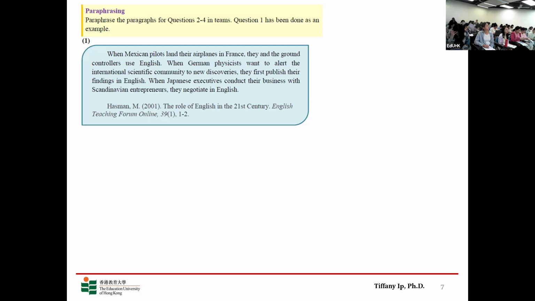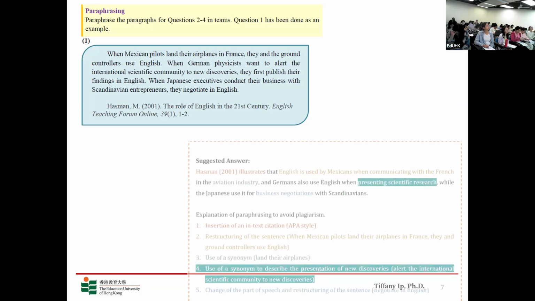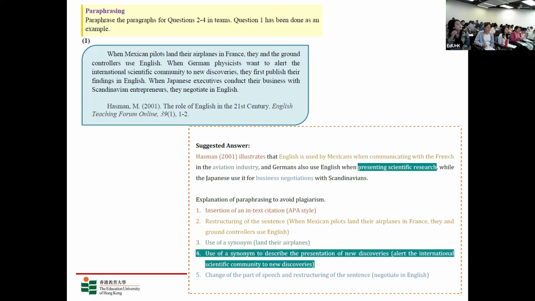Now, after you finish reading the original, then you can have a look at the suggested answer. Yeah, just a few lines here.